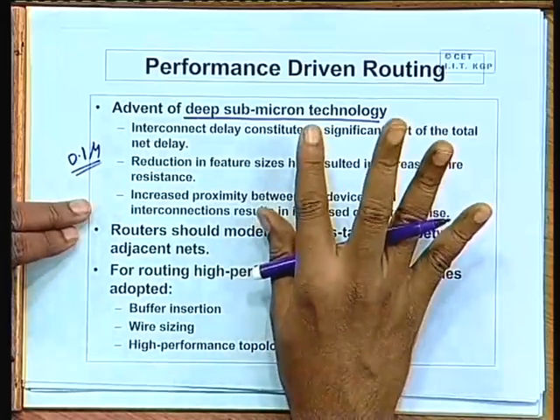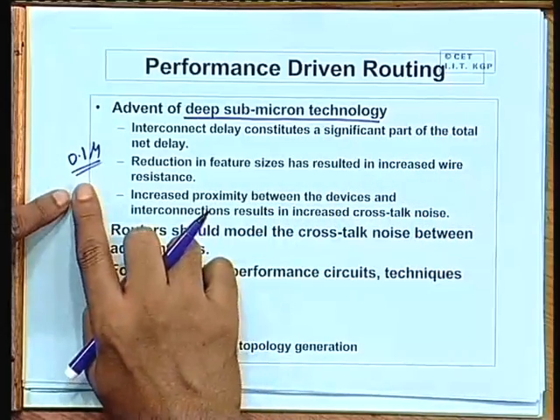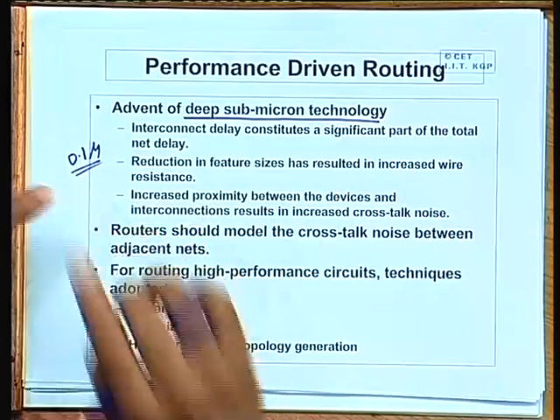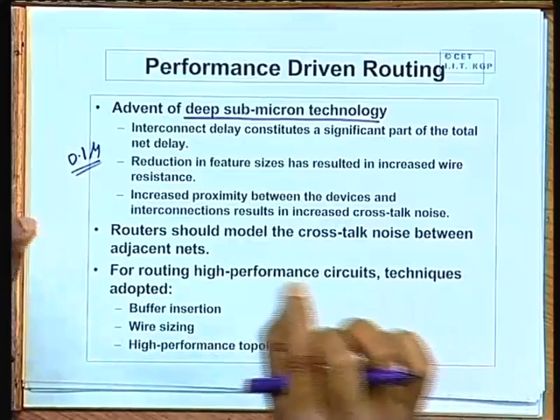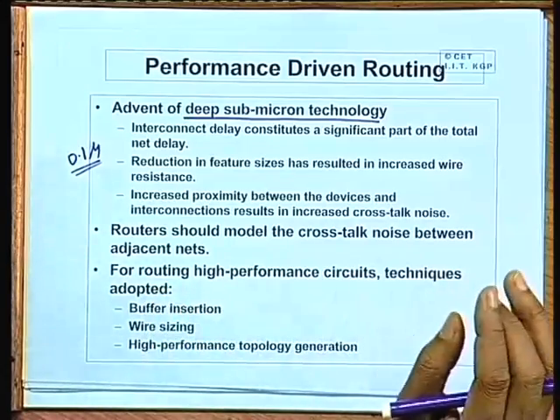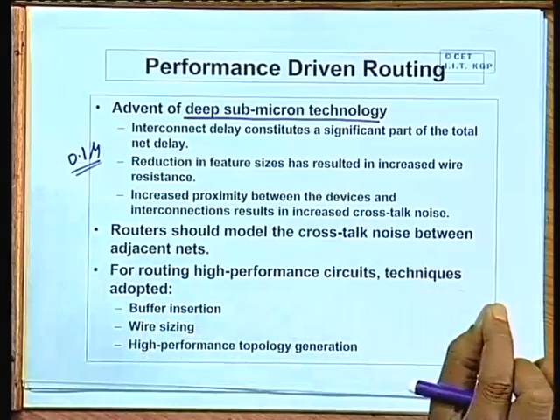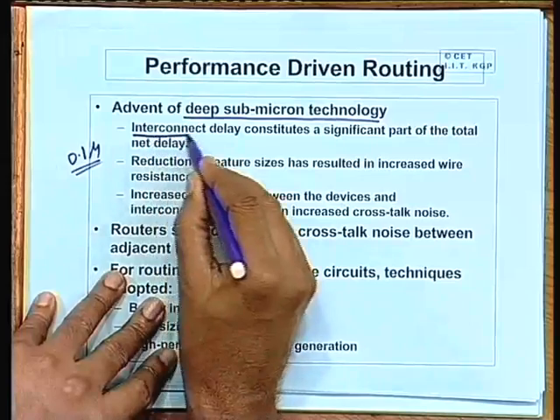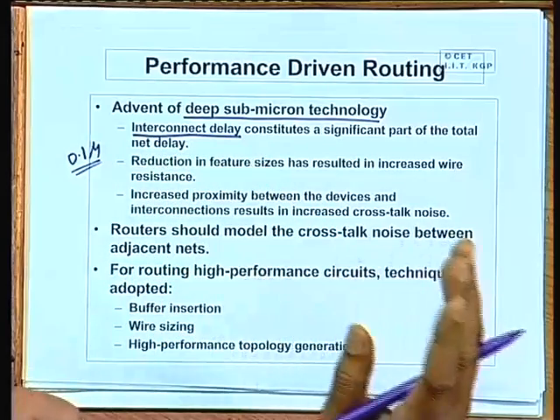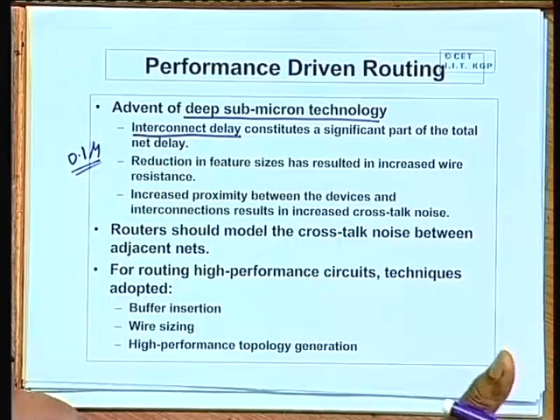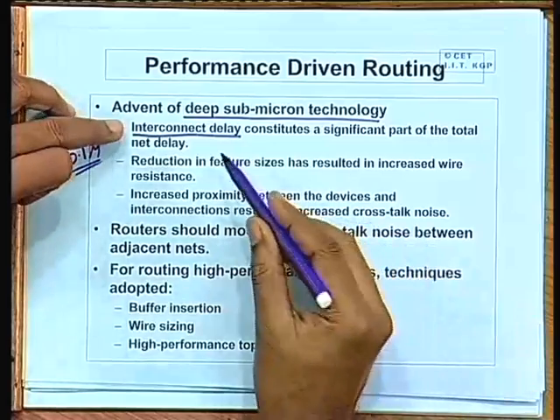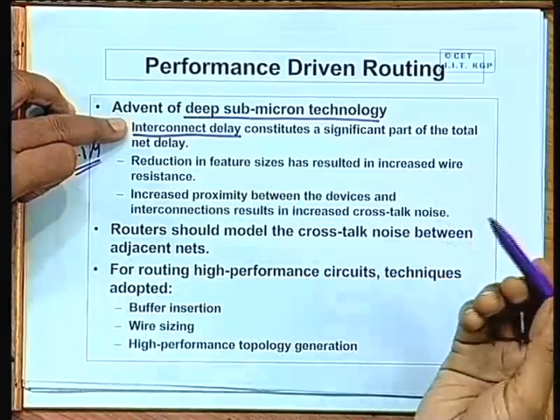In this kind of a technology, the basic feature sizes of the devices and the interconnections become very small and are spaced very close together. Now interconnect delay becomes important as well, in fact it becomes as important as the component delays in this kind of feature sizes.